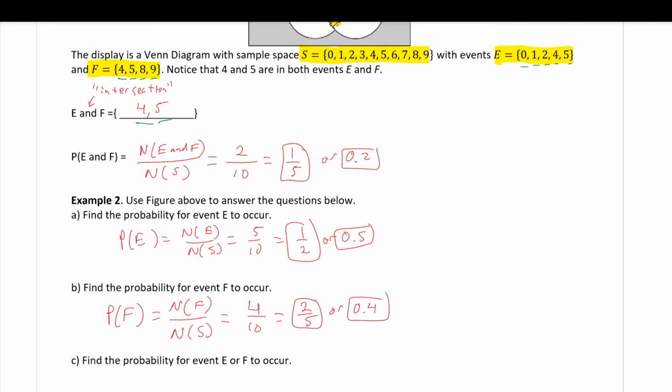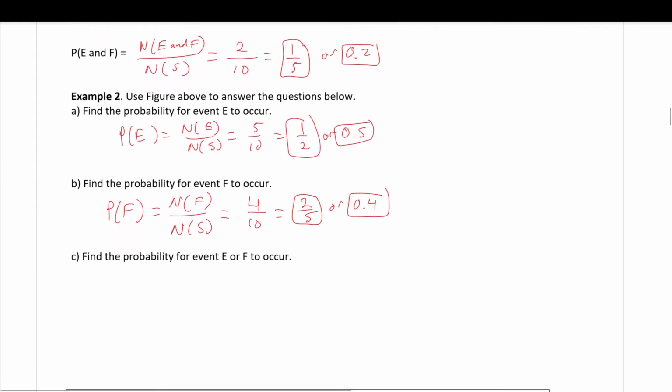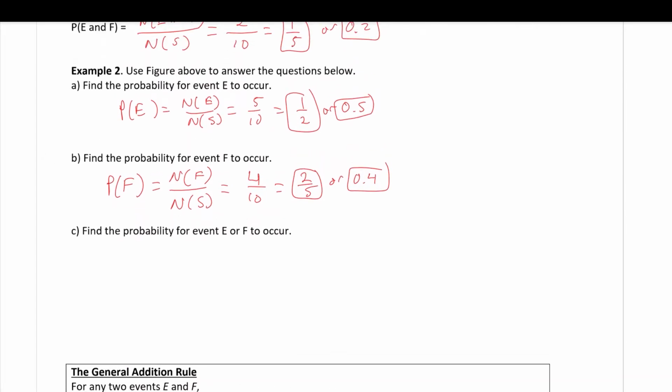All right, now they're asking, what's the probability of E or F? Again, I'm going to split it down the middle before I show you the formula shortcut. E or F. I want to write down that set. Remember what E or F means.